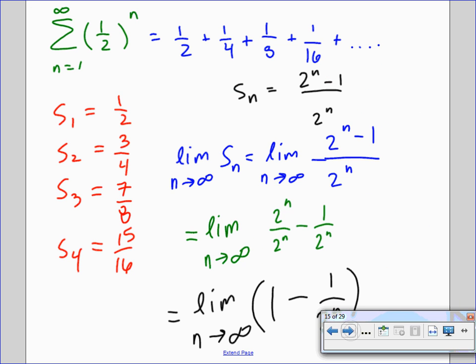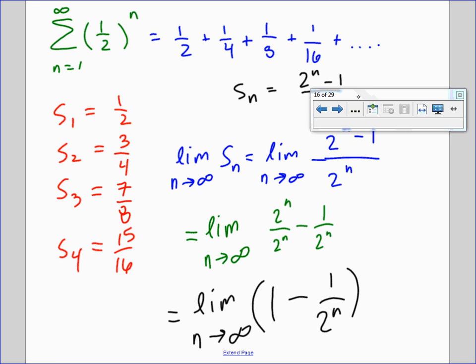What happens to 2 to the n as n goes to infinity? It goes to infinity, and 1 over infinity is going to go towards 0. Which means the value of my limit as n approaches infinity is 1. Danny, you win the prize.